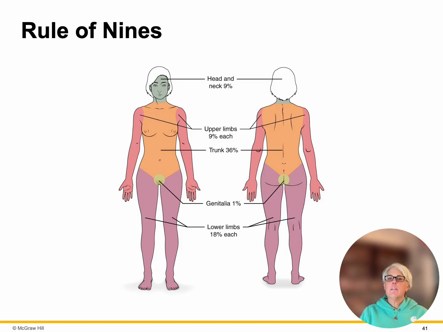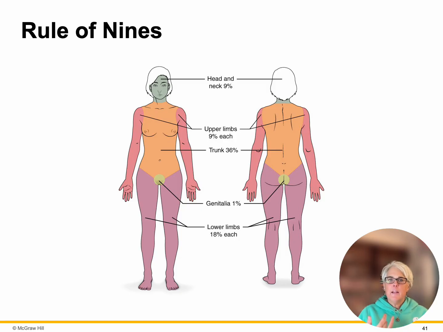Rule of nines is a quick way to estimate where the burns have been on the body and what is the appropriate percentage of burn on the body.